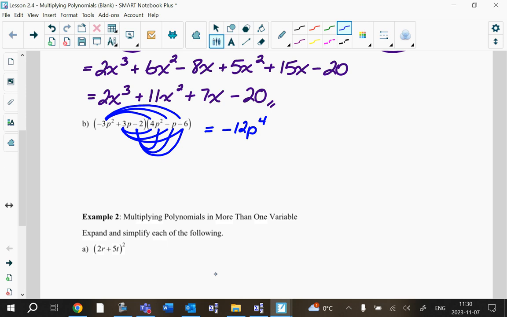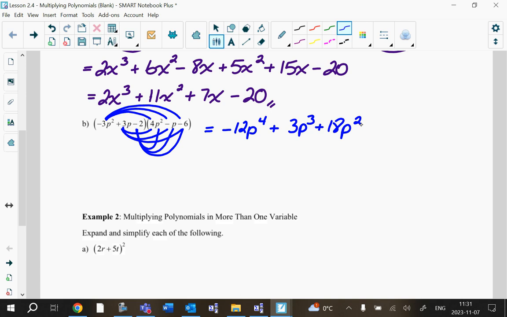Remember, if there's just a p, that's the same as p to the first. Positive 3p to the third. Negative 3p squared times negative 6. Positive 18p squared. Okay, that takes care of the first 3.